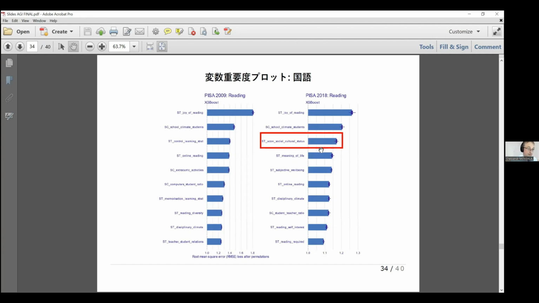Finally, I show the results for reading. And here we see that initially socioeconomic status was not actually in the top 10. It was something like number 14. But in the latest survey, 2018, it was the third most important variable to explain academic test scores, after joy of reading and the evaluation of index of school climate with respect to students at the level of school.